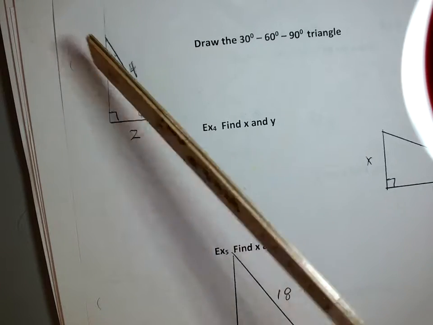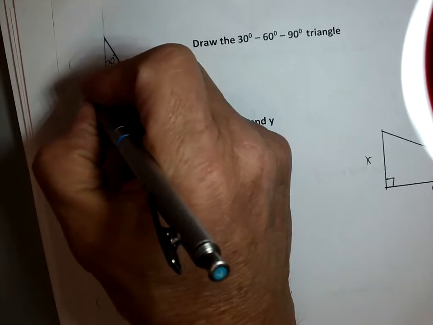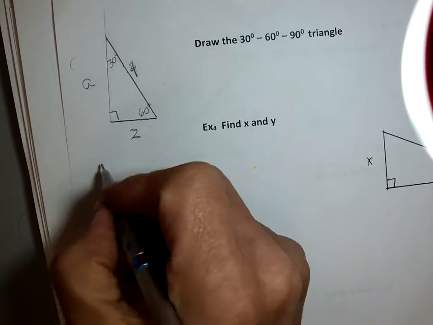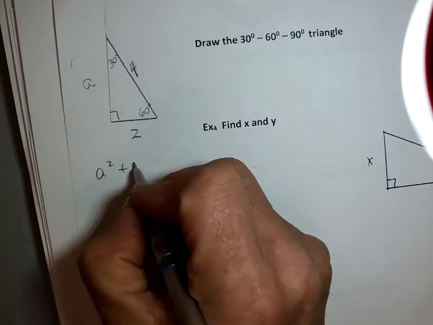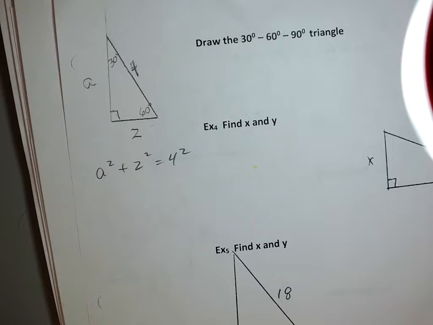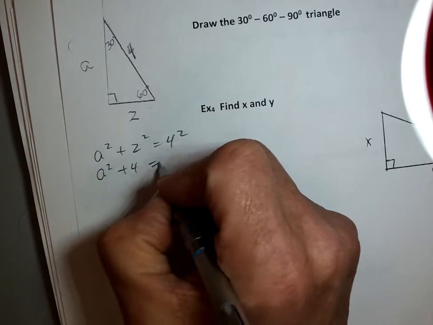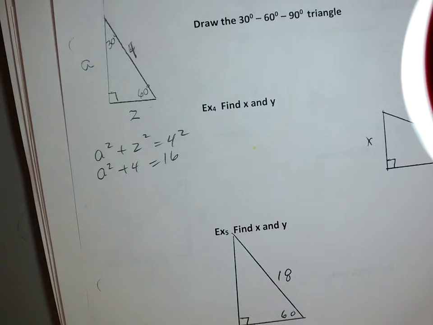Now, what's this side? Well, if we do Pythagoras Theorem, let's call this a, we'd have a squared plus 2 squared equals 4 squared. So we can find this other side by Pythagoras Theorem. So I'd have a squared plus 4 equals 16.